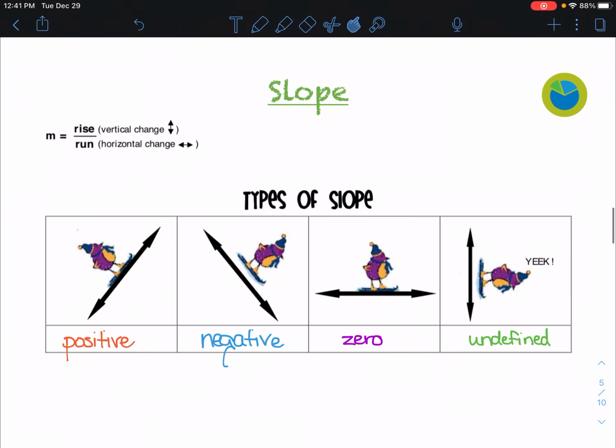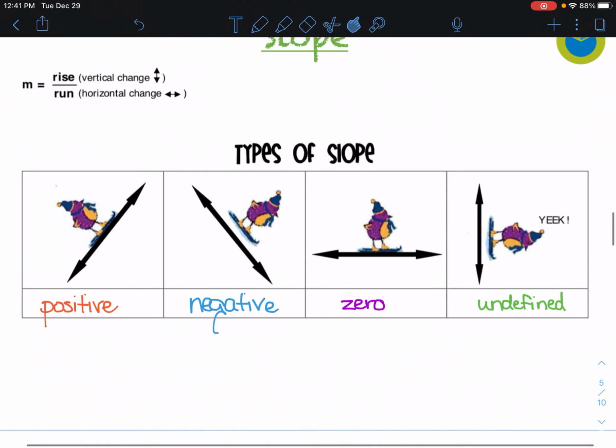All right, so a reminder about our slopes. Slope m, again, is rise over run. When we looked at slopes initially a while back, we said we really have four types: positive slope, negative slope, and then if it's flat or straight across, the slope is 0.